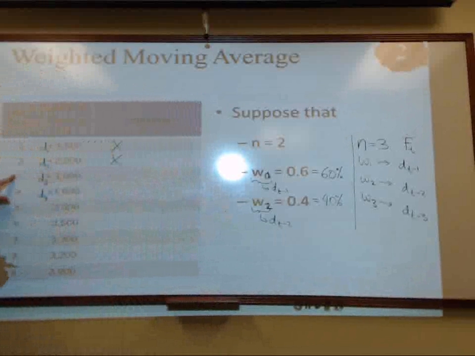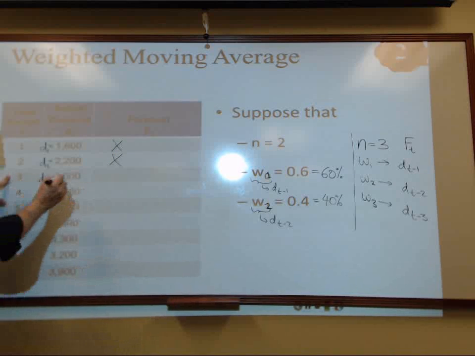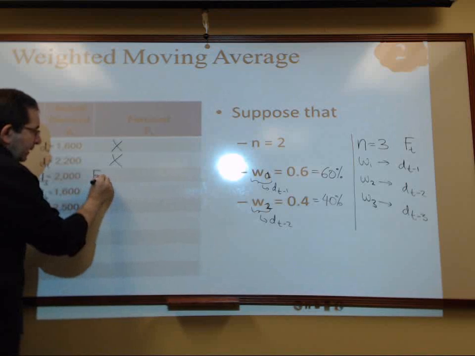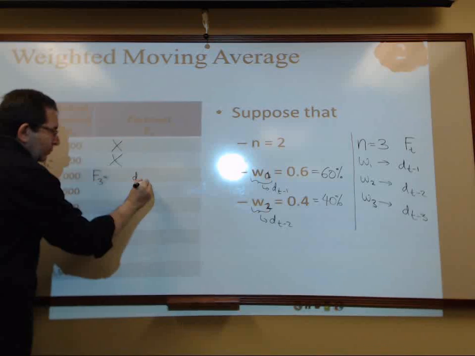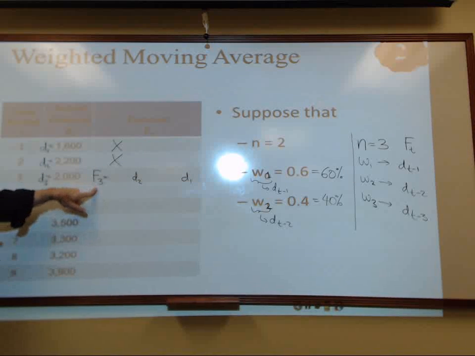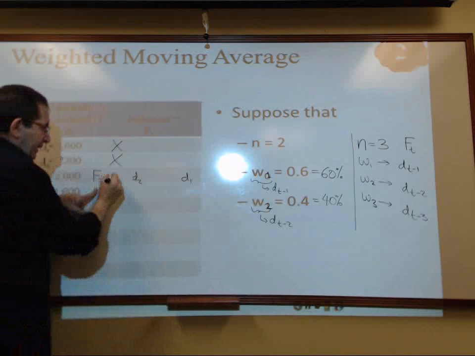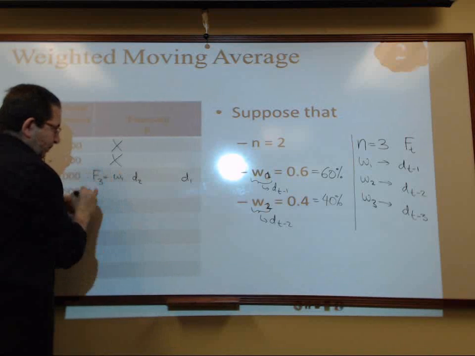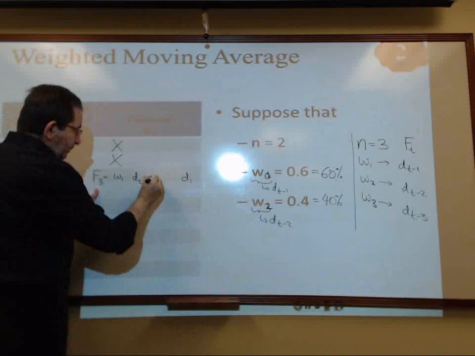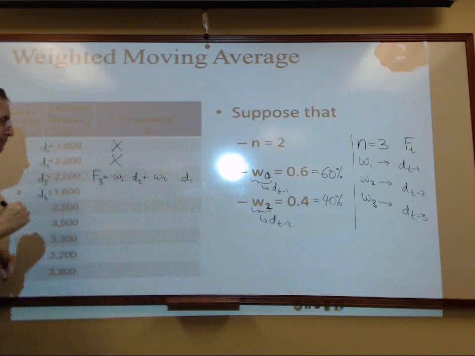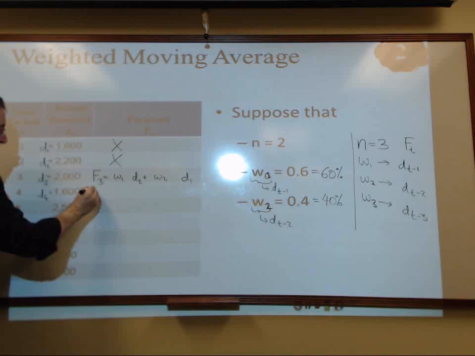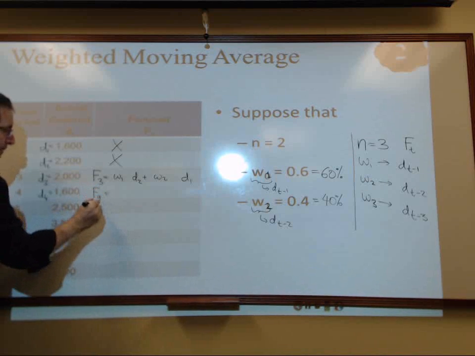So for period 3, I'm going to use D2 and D1. From period 3, I go back 1 period, and I go back 2 periods. Let me write the same formula for period 4.